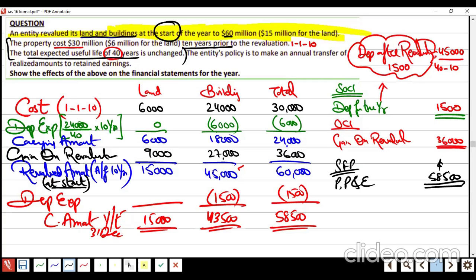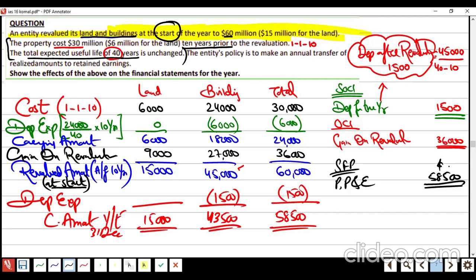Just look at it, relax, see any problems. It's just I had a confusion with the depreciation after revaluation. So now I see how to calculate.